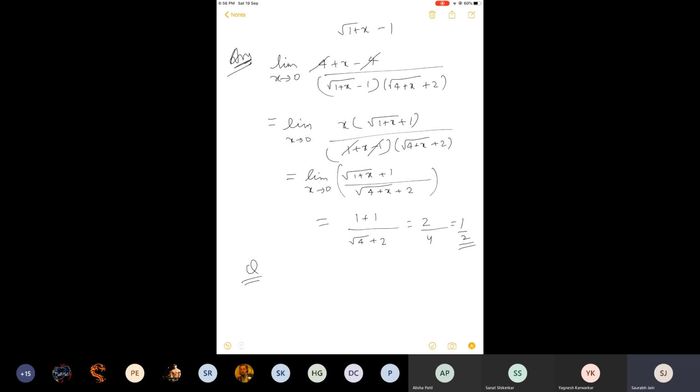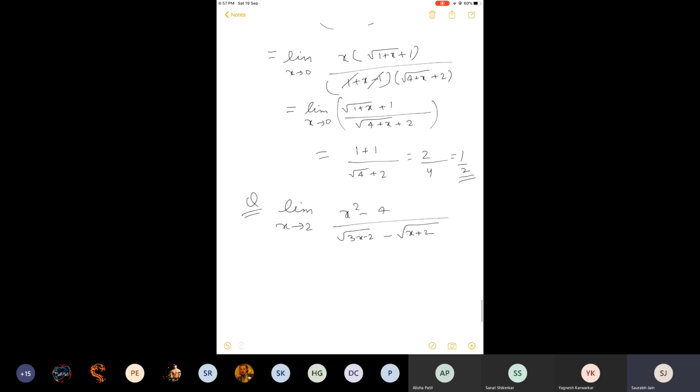Okay, another question. Limit x tends to 2, x square minus 4 upon under root 3x minus 2 minus under root of x plus 2 is the question.